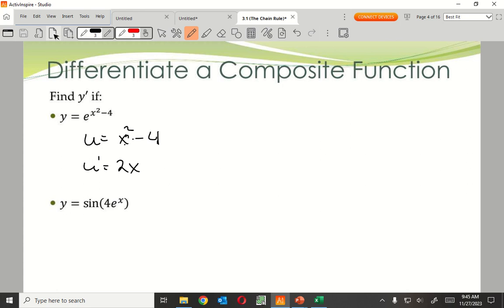Right now I have e to the u. What's the derivative of e to the x, or e to the u? E to the u, the same thing. So y prime is e to the u times 2x.